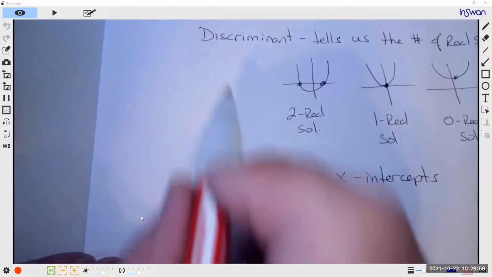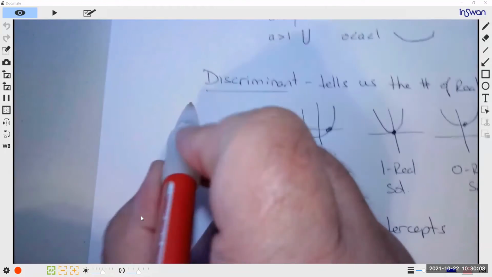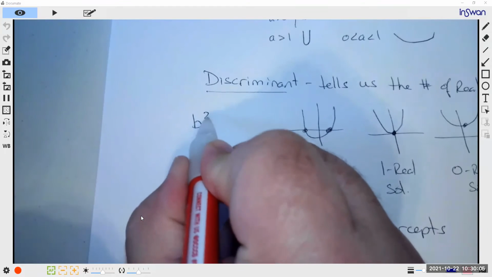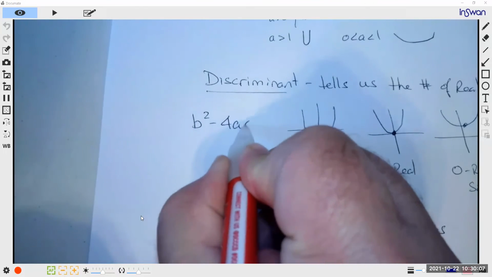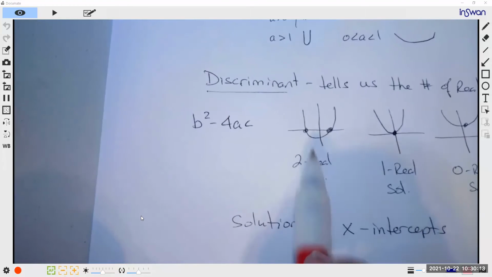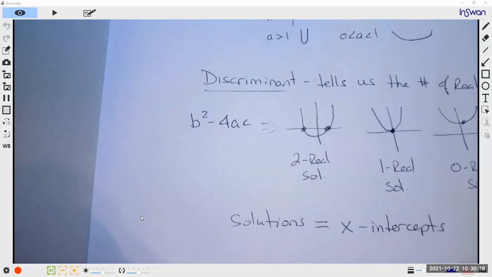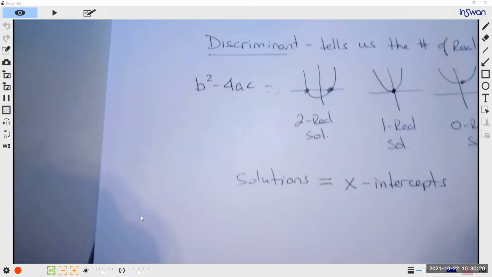So here's what this discriminant tells us. The discriminant is the b squared minus 4ac. It will tell us these things.